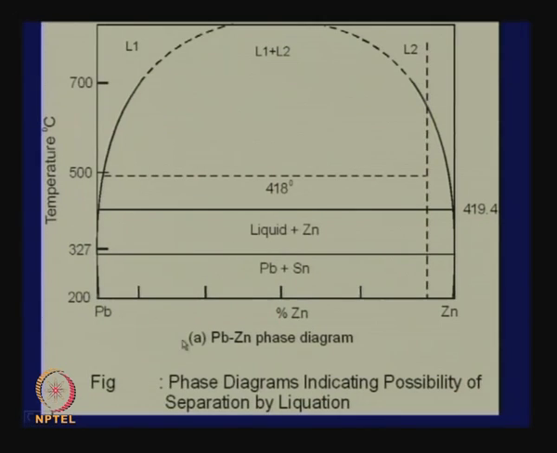So, if you want to separate lead from zinc or zinc from lead, all we have to do is take the alloy to above 327 and zinc solid will come out. What you would have left behind is liquid, and zinc will float on top of the liquid because zinc is lighter than lead. It is a very simple method of separating zinc from lead.